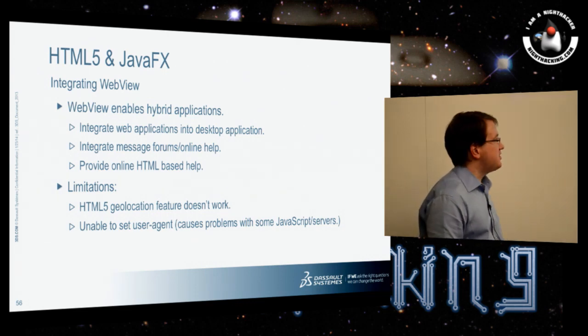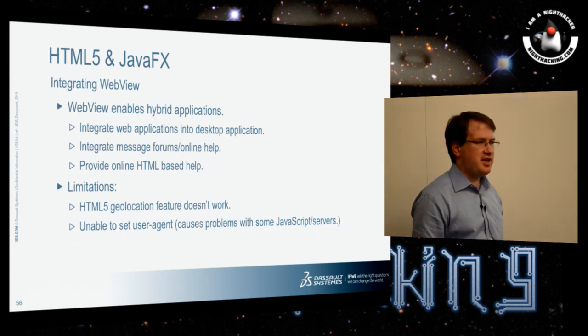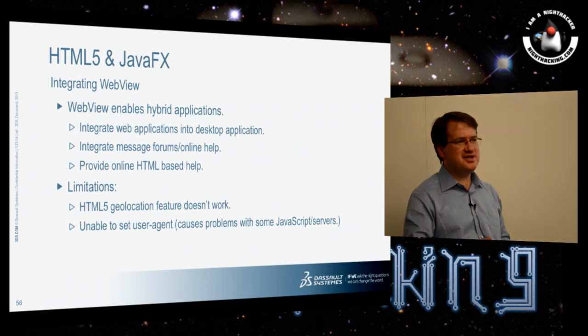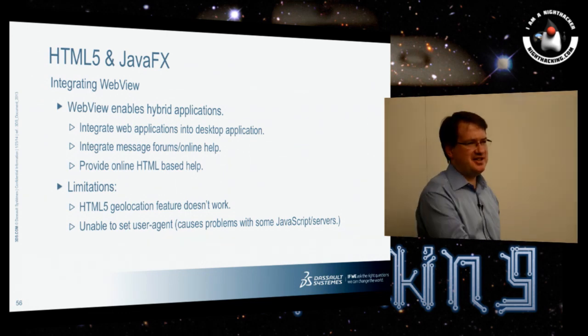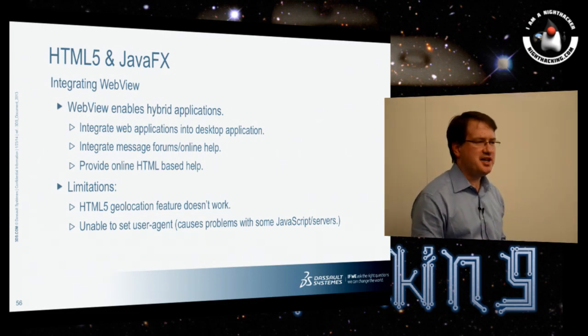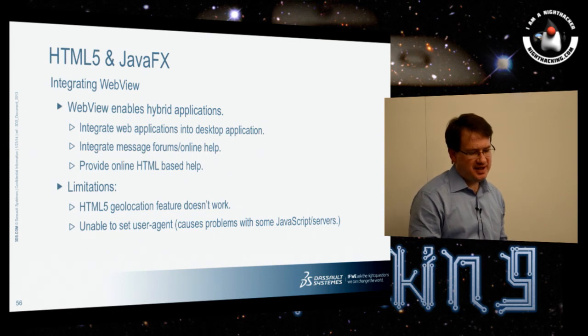Some of the limitations: I actually tried this out because I wondered whether the HTML5 geolocation feature worked with it. And sadly, no, it does not. I could not use the geolocation tags and get the location using JavaScript. I thought, man, since we lack that API in Java, maybe I could use the WebKit thing to get at it.